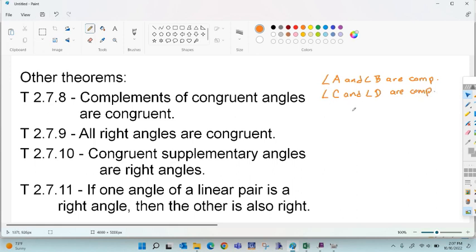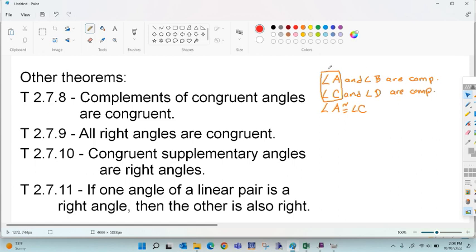That means that you'd add them together and they'd be 90 degrees. Let's say we're also given that angle A is congruent to angle C. So if these two are the same and you're adding them to something to get 90, you're going to be adding them to the same number.